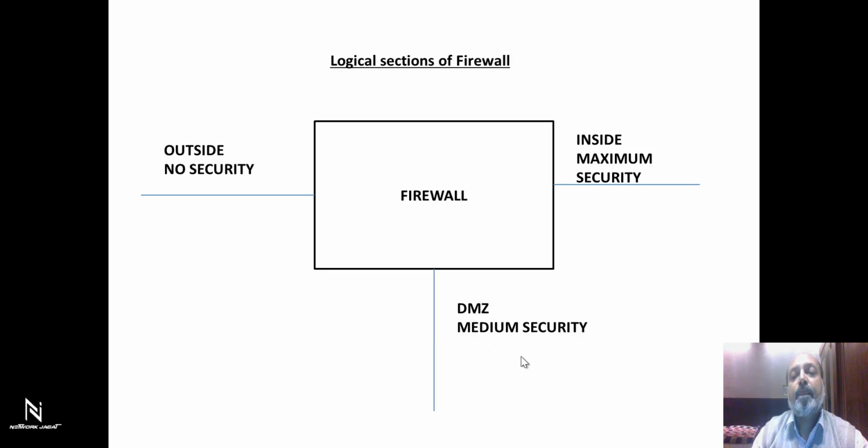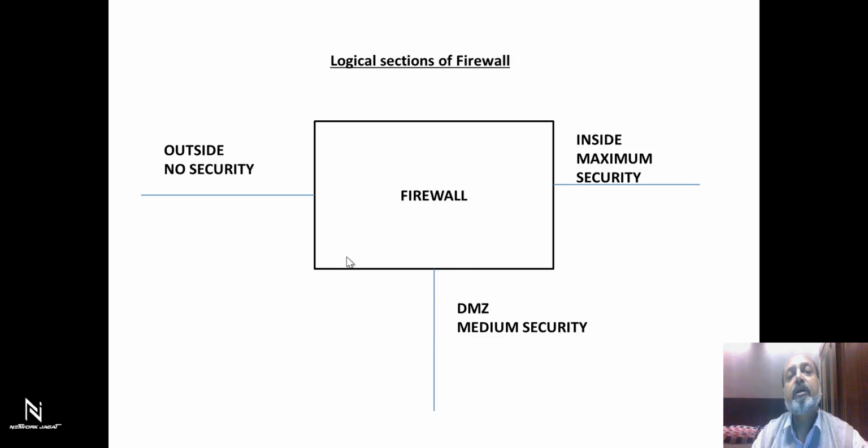Now you must be careful about this point: these three zones do not represent single interfaces, right? They can represent multiple interfaces. That means the outside zone can have multiple interfaces, the inside zone can have multiple interfaces, and the DMZ can also have multiple interfaces.